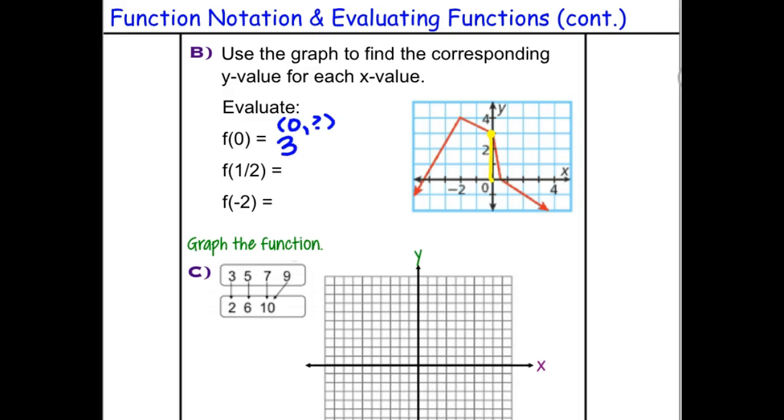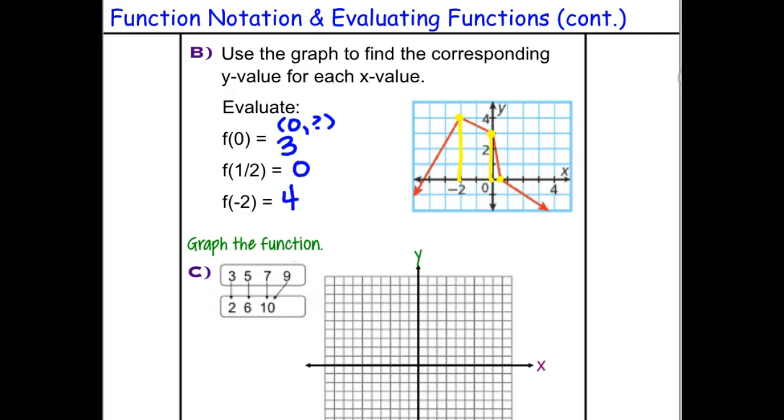Then it says f of a half. Well, a half is here, and we're already touching the graph, so that means f of a half is 0, because at 1/2 for an x value, the y coordinate is 0. And f of negative 2, when we go out to negative 2, we go up to the graph here, which is our point here, and that's at 4.